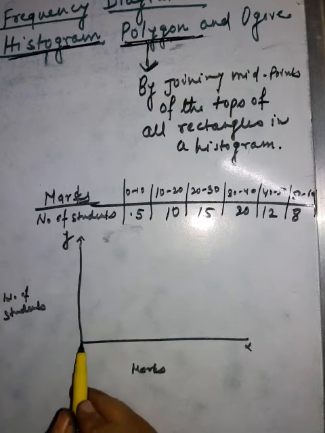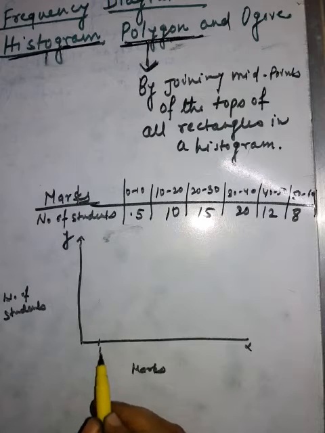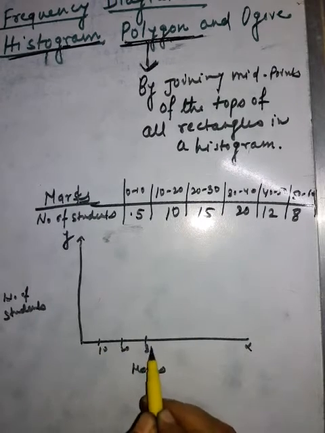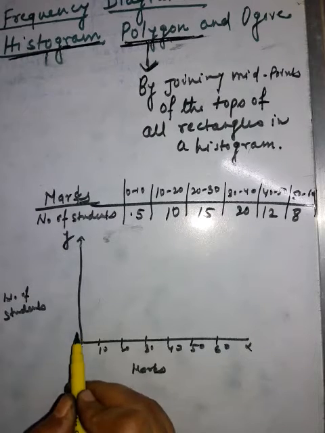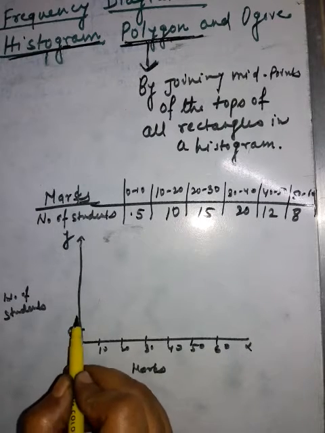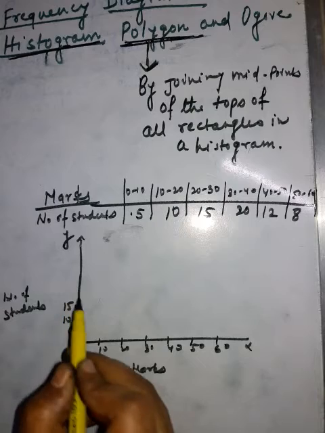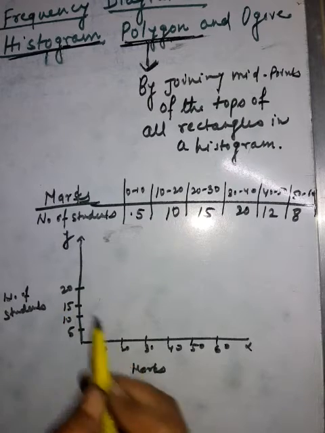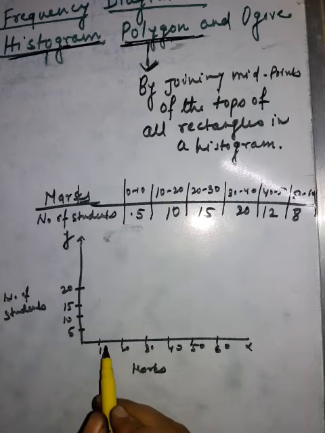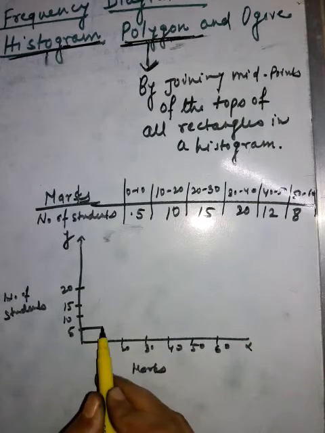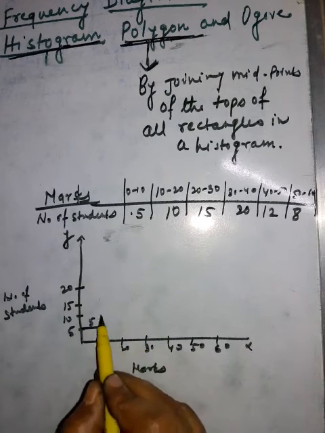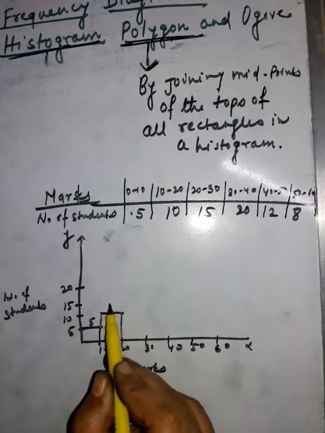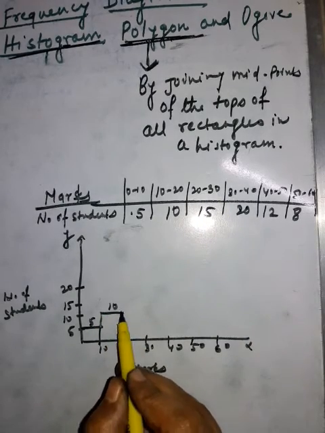The first 10, 20, 30, 40 and 50. One more, that is 60. We will take 5, 10, 15, 20. The first class is 0 to 10, that is 5, 10 to 20 is 10, and 20 to 30 is 15.